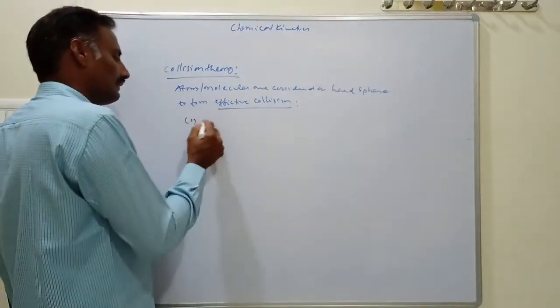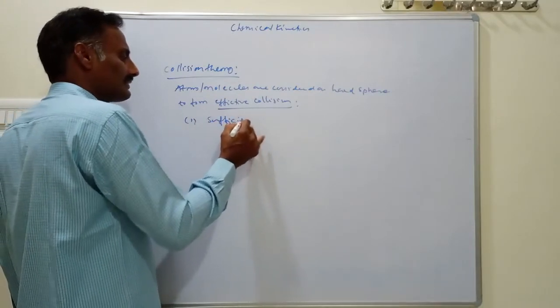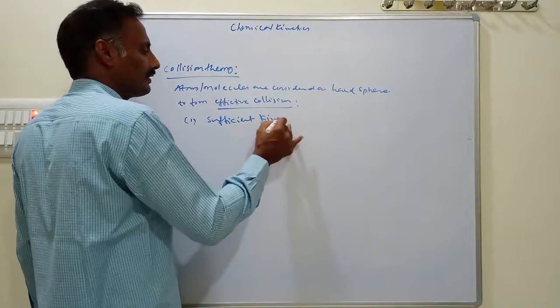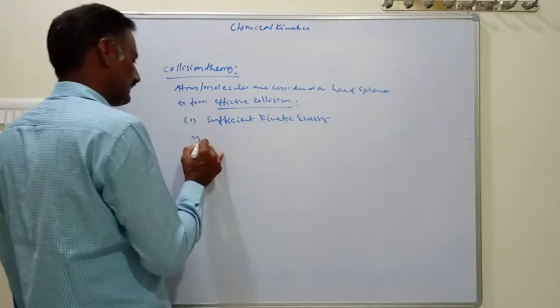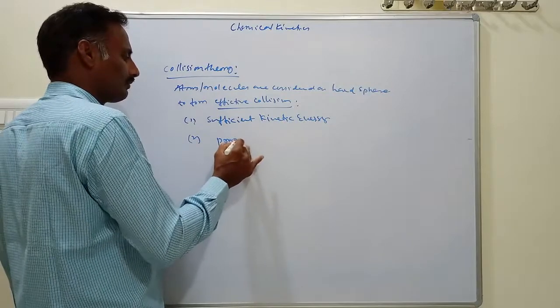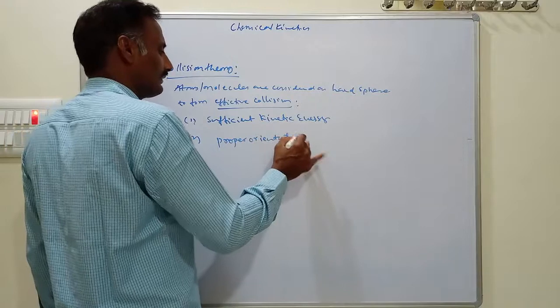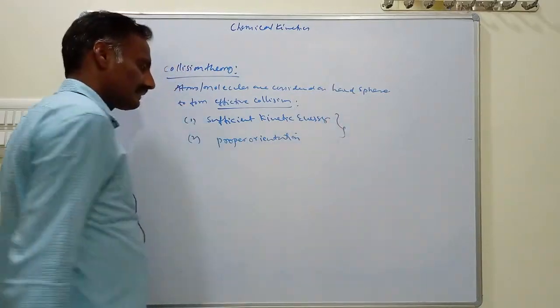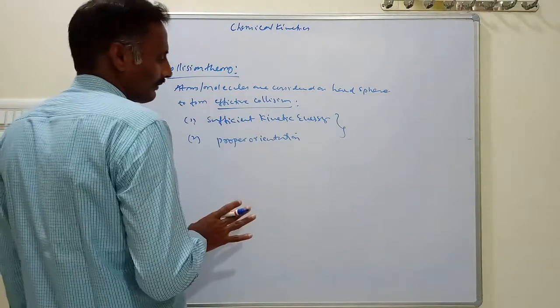One is that the molecule should have sufficient kinetic energy, and the second is that the colliding molecules should have proper orientation. These are the two factors essential for effective collisions.